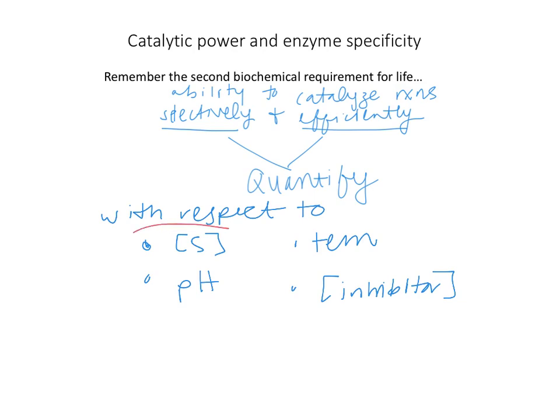This video is going to only be about quantifying selectivity and efficiency of an enzyme with respect to substrate concentration, and we will get to temperature, pH, and inhibitors. That will be almost all the other days of enzymes that we have. How fun, how exciting, how lucky are you? Okay.